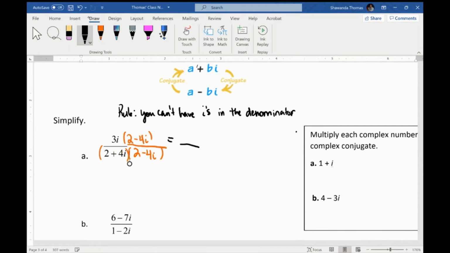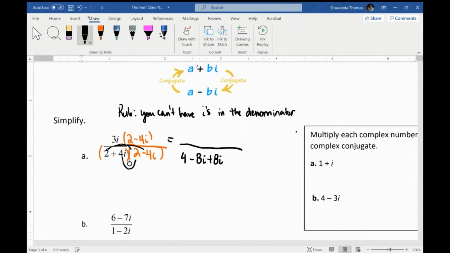Let's focus on the denominator first, since that's what we're trying to work out. We're trying to get that i out of the denominator. So let's multiply. 2 times 2 is 4. 2 times negative 4i is negative 8i. 4i times 2 is plus 8i.